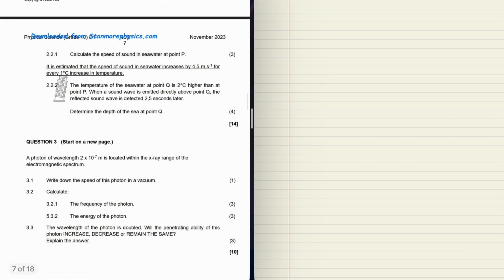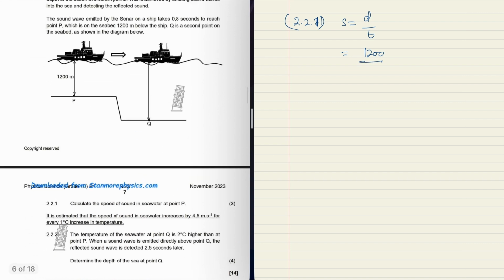So 2.2.1 says calculate the speed of sound in seawater at point P. So here all we need to do is say that speed is equal to distance divided by time. So from the ship to point P is 1,200 meters, and they tell us that it takes 0.8 seconds to reach that point. So divided by 0.8, and that's equal to 1,500 meters per second.